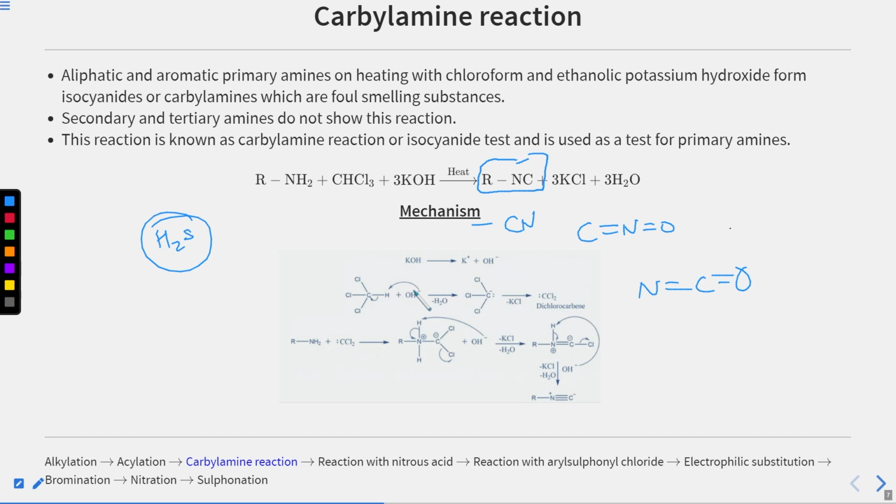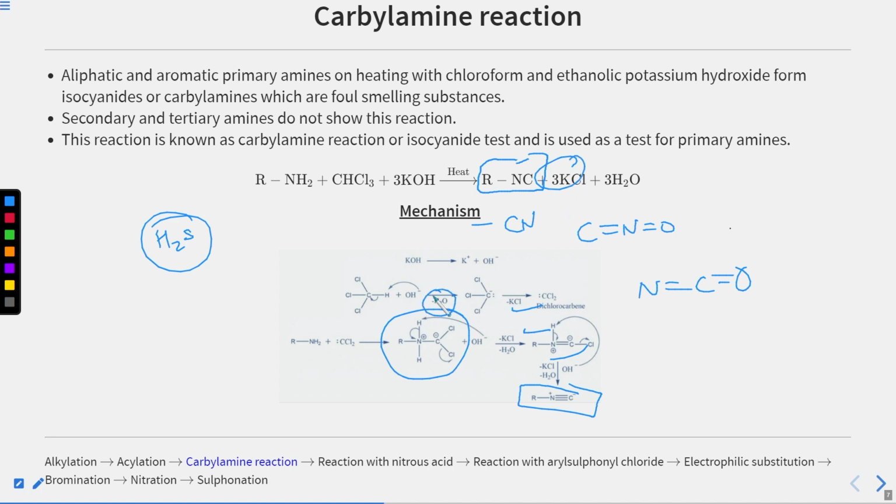So first we treat our base with the chloroform to get rid of H. Again this chlorine leaves by itself and forms a dichlorocarbene. Further, this nitrogen attacks the carbene and forms this. And again the base picks up one hydrogen, and again the next H leaves and we get the isocyanide. Now throughout the reaction we get KCl 3 times, here, here and here. Therefore we have 3 KCl.